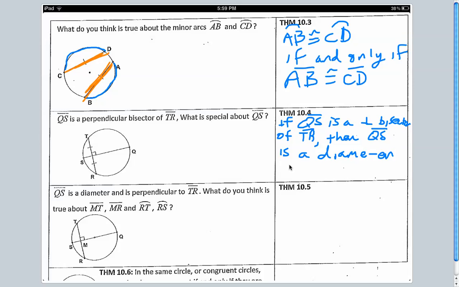QS is a diameter. Okay? And that's all that theorem says.